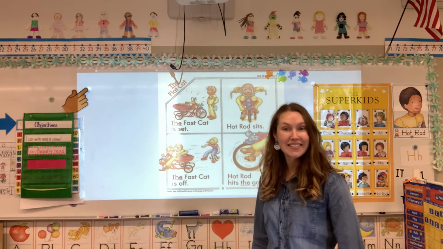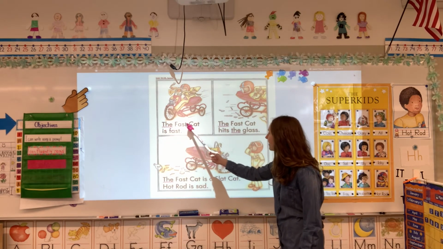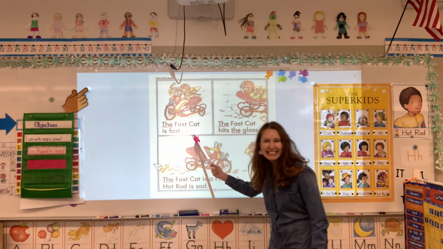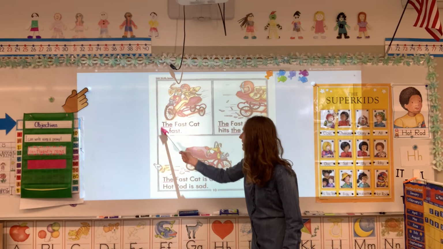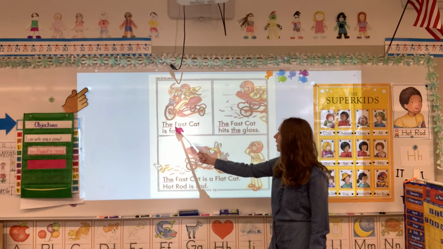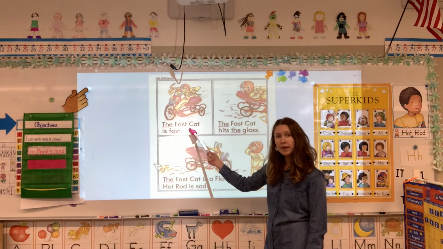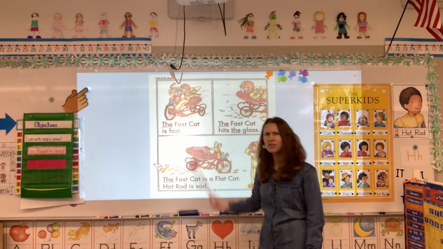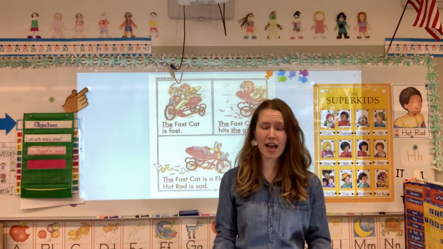Now let's look at page 10. Start back up at the top on the left side. The fast cat is fast. So we have our memory word the and then I see our memory word is also in this page. Now notice, this word fast is written with uppercase, but this word fast is not. Why is one of them written with uppercase F?